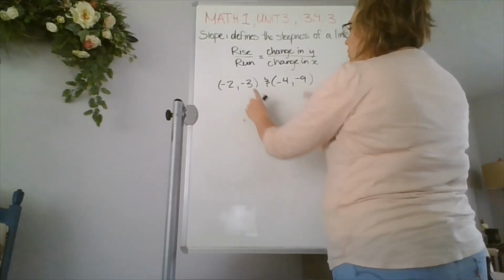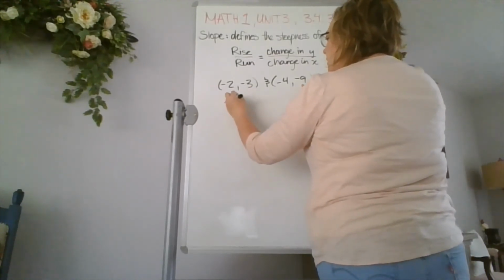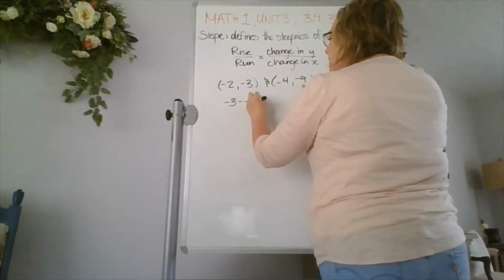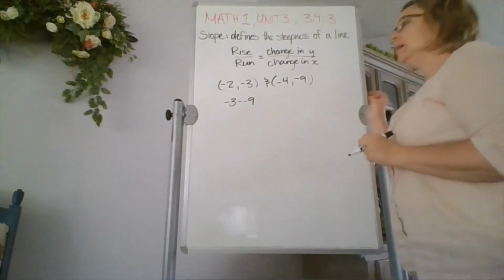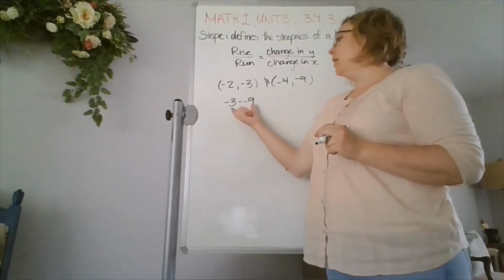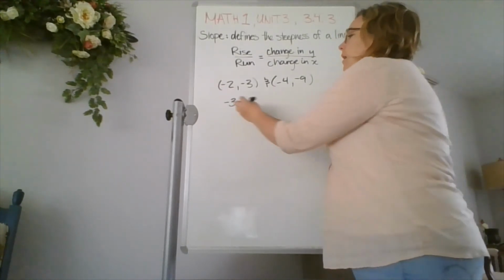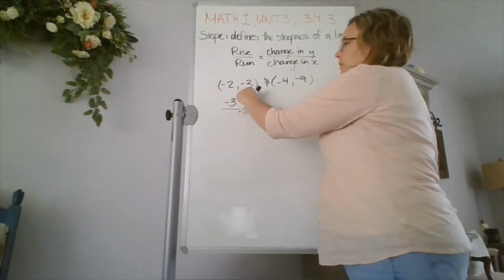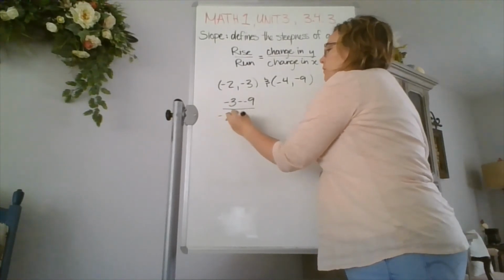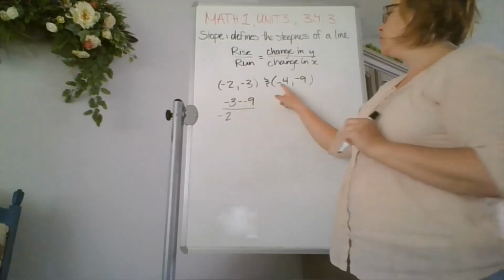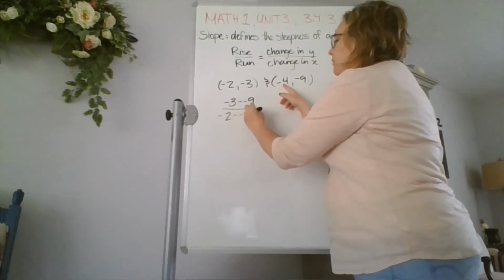We're going to take our y's and we will subtract them. So -3 subtract -9. This is a good time to ask, does it matter if -3 or -9 goes first? No, it does not. However, since I chose -3 first, -2 must go first for the x's. So -2 subtract -4.